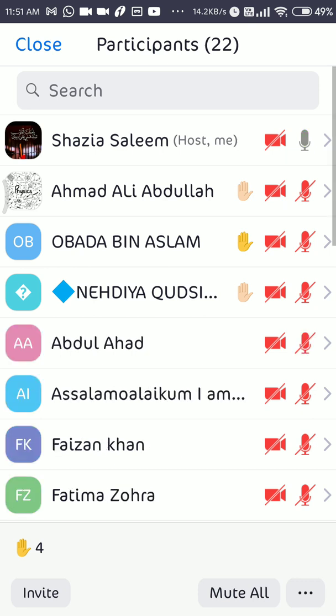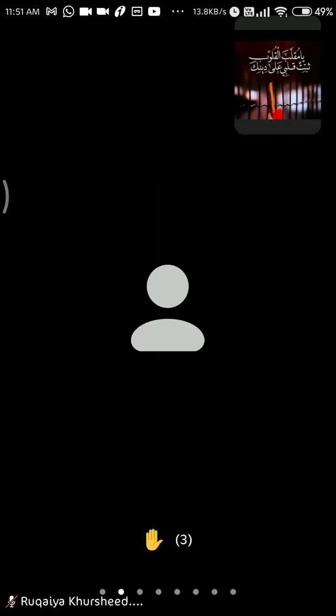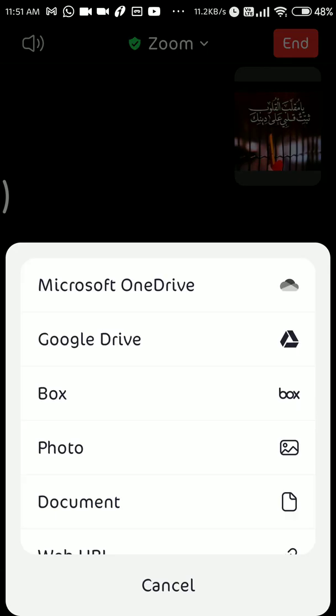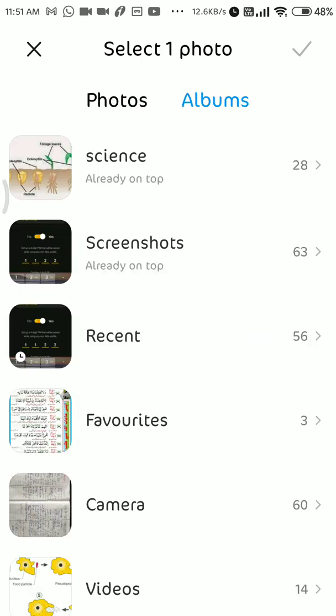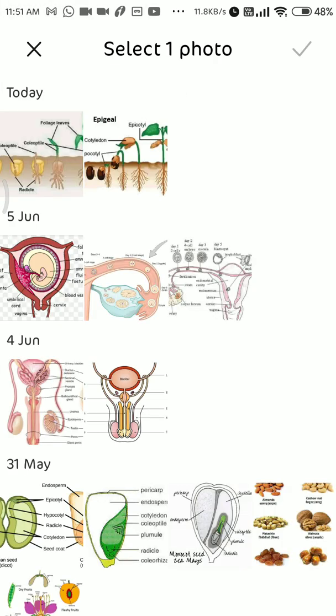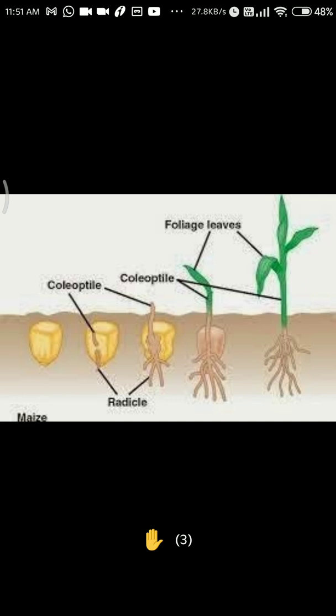Now, germination is of two types. I'll show you the picture. Epigeal and hypogeal. Here, the germination is of maize. Do you have the book in front of you?